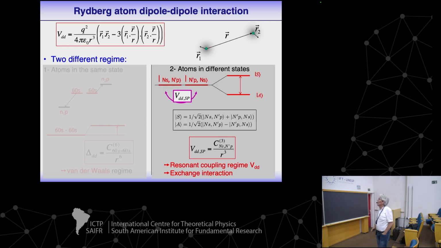This is a very simple feature of two-level systems, which is well known. The strength of the interaction is characterized by the C3 coefficient, which involves the matrix elements of the transition, divided by the third power of the distance.